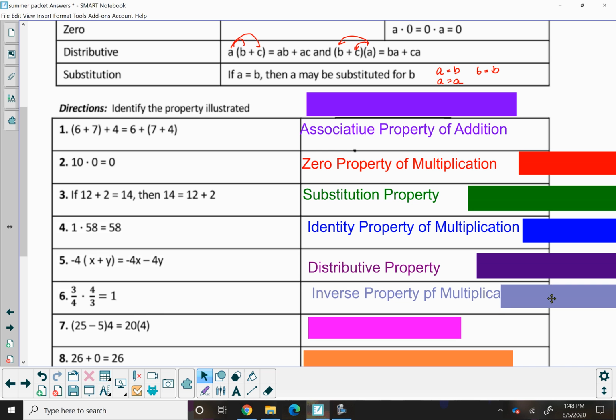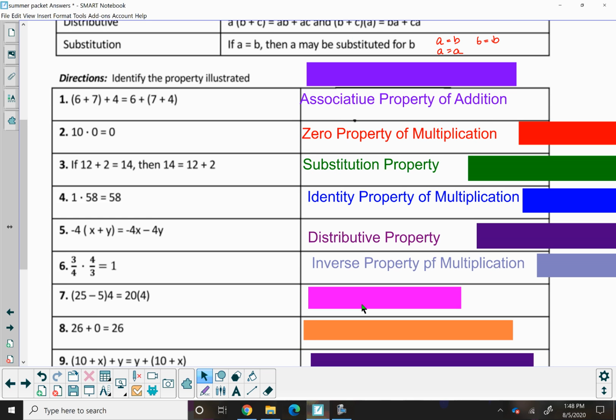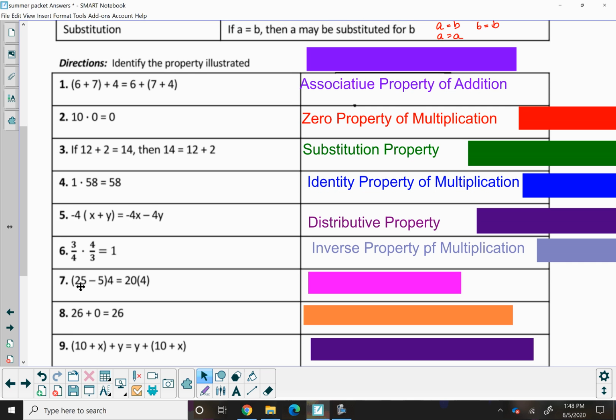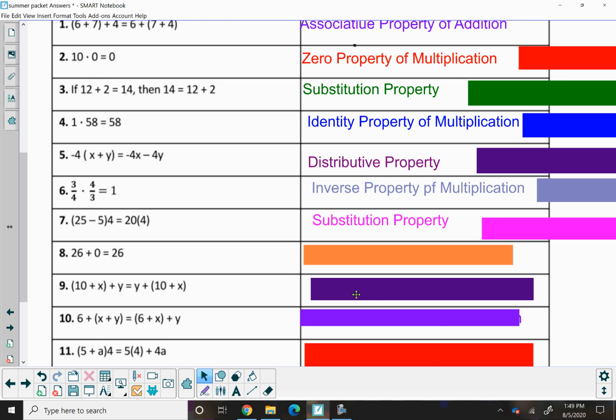So that is the inverse of multiplication. Okay, the next one, 25 minus 5 equals 20. So that's the substitution property. 26 plus 0 is 26. That's the identity property of addition.